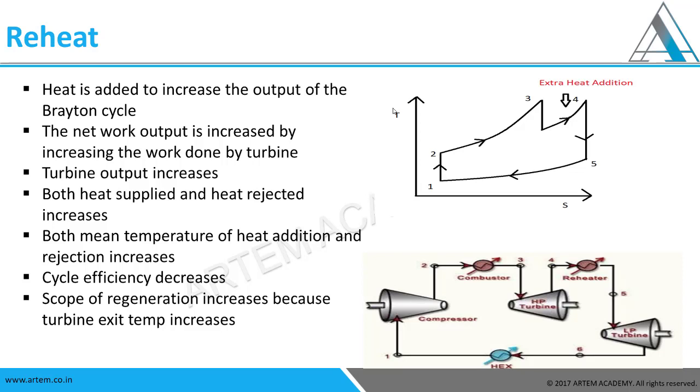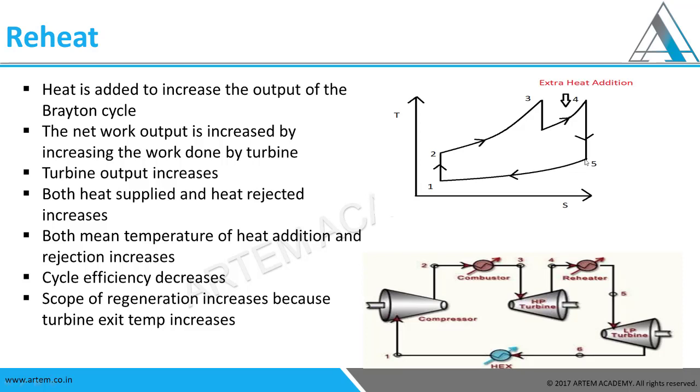Both heat supplied and heat rejected increase. That is quite evident: from 2 to 3, if we look here, and from this process to this process, the heat addition increases. And also the heat rejection from 5 to 1 increases. So both heat addition and heat rejection increase.